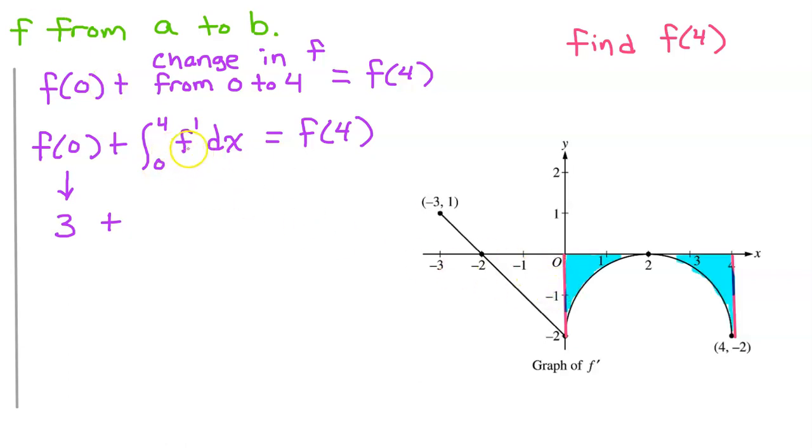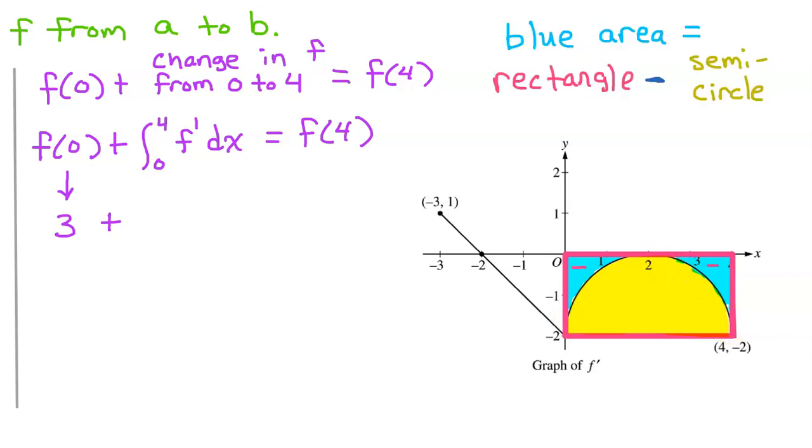Remember that the integral of f prime is going to be the area between the function and the x-axis. And keep in mind that because this area is below the x-axis, it will have a negative value. We can calculate the blue area that we want using the area of the outer rectangle and the area of this semicircle on the inside.